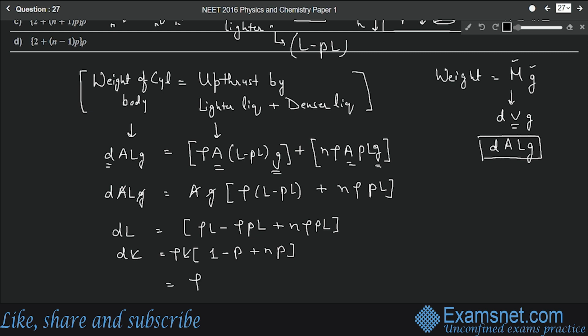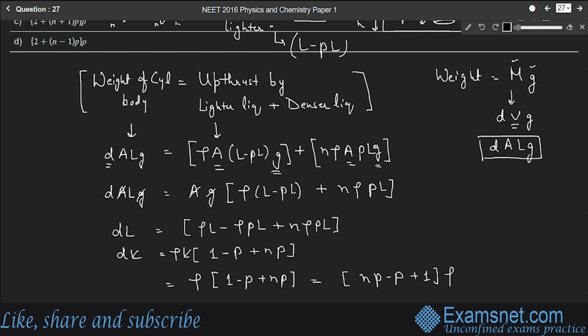We have rho into 1 minus P plus NP. Now if we rearrange this, we'll get NP minus P plus 1 and then rho. I have just changed the positions, everything else is same.